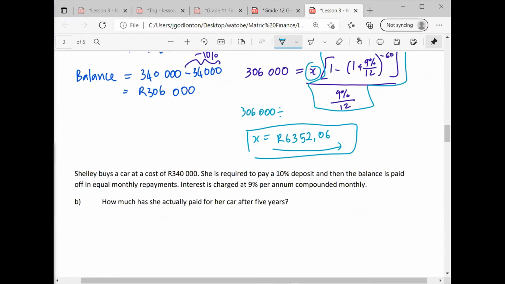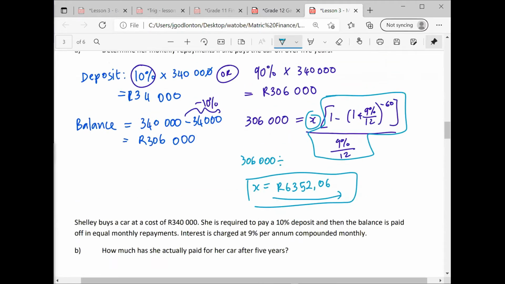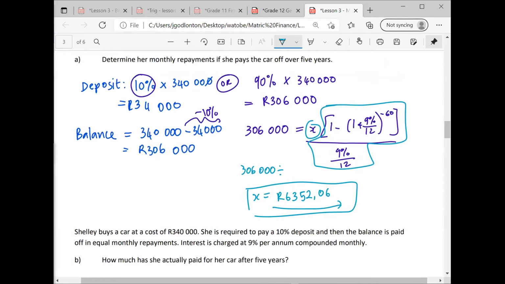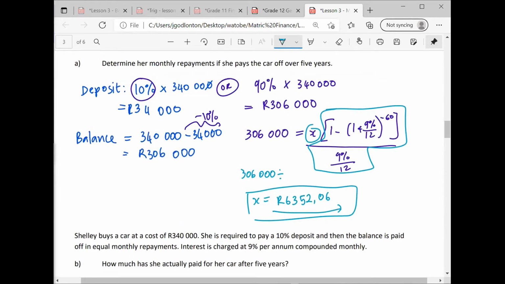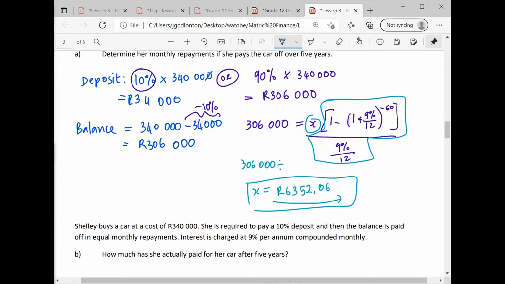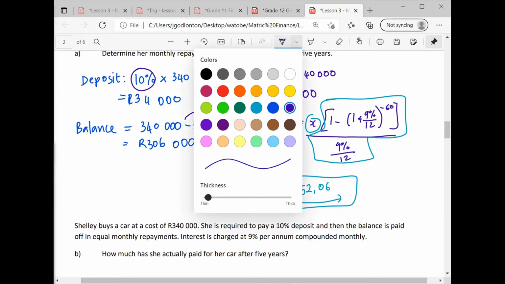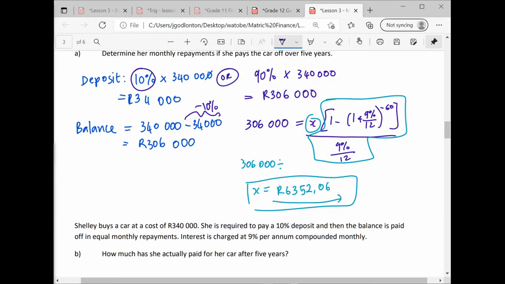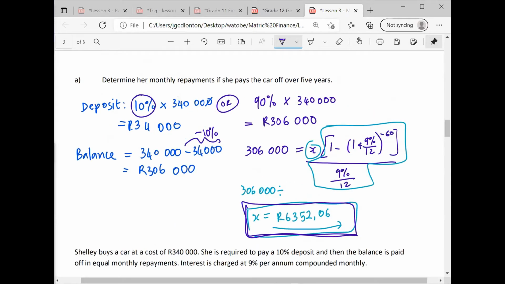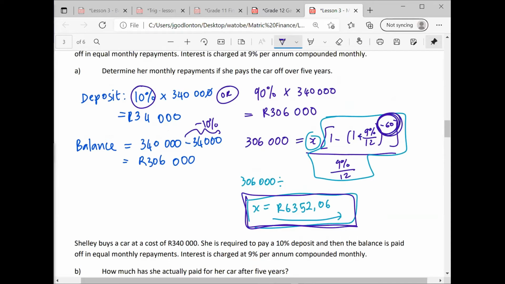Okay. So just think about this carefully. She bought the car. She had this loan for the car that she's paying off over a certain amount of time. Remember, she also paid a deposit in the beginning. Can you all try and figure out how much she's actually paid for her car here? My hint to you for this question, and then I'd love it if you put your answers in the chat, is that your N value is going to be important because that's how many payments you've made.